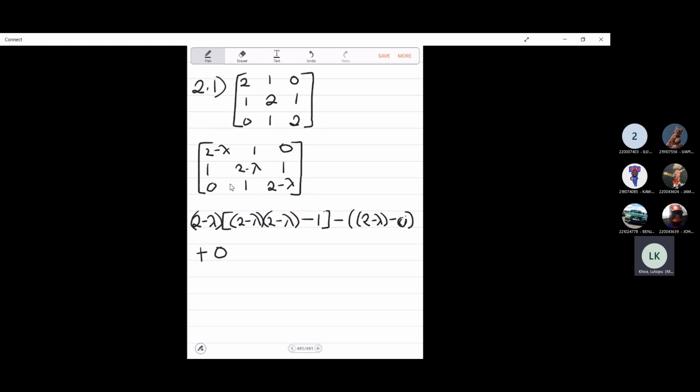Okay, and this determinant must be equal to 0. So what we have is 2 minus lambda cubed minus 2 minus lambda minus 2 minus lambda. This is equal to 0.